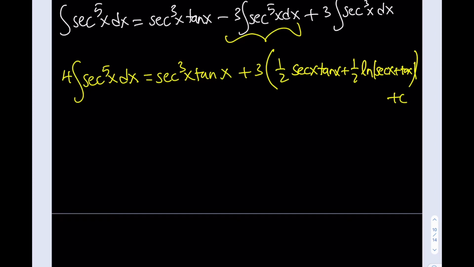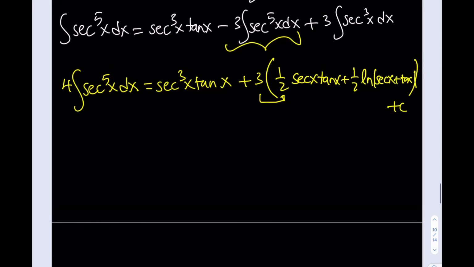Okay, let's write it in a nicer way. And what's going to happen is when you distribute the 3, you'll basically be getting 3/2. But then you're going to multiply by 1/4. 3/2 times 1/4 is going to give you what? 3/8. So these two guys here are going to have 3/8 as a coefficient, and this is going to have 1/4. So let's go ahead and write our result in a nicer way.